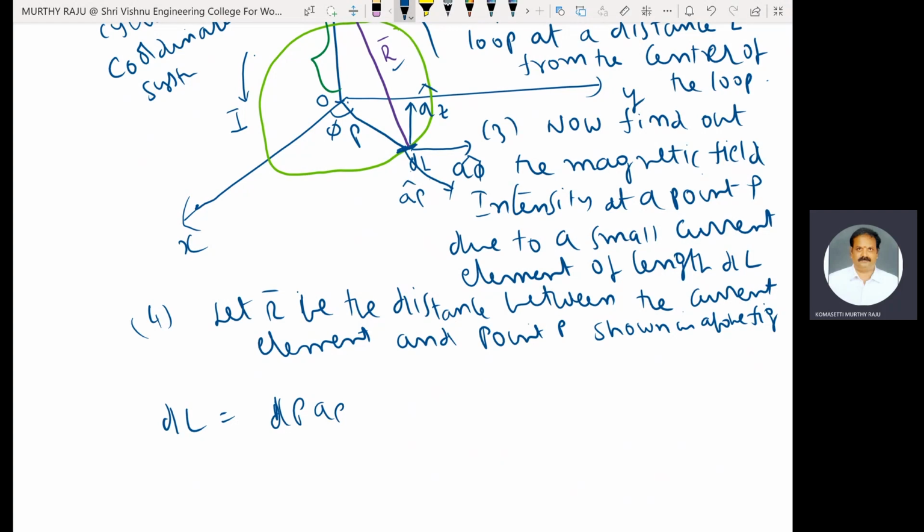Here dl is tangential at a point on the circular loop, in the a phi direction.